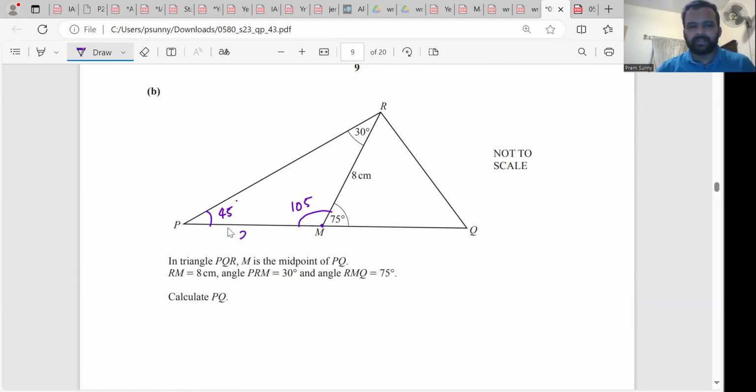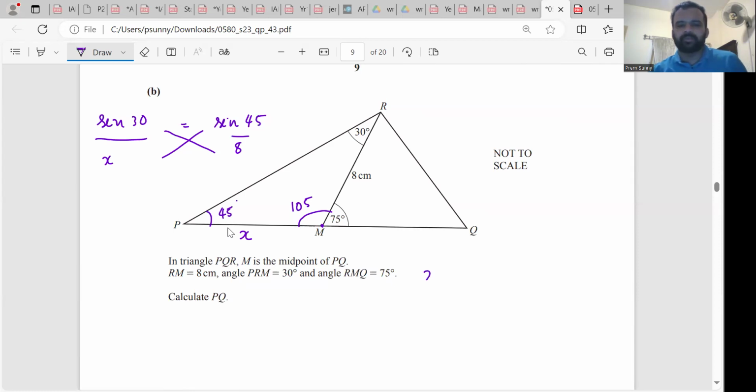Taking this as X, sine 30 divided by X is equal to sine 45 divided by 8. Cross multiply them. So X is equal to 8 into sine 30 divided by sine 45.